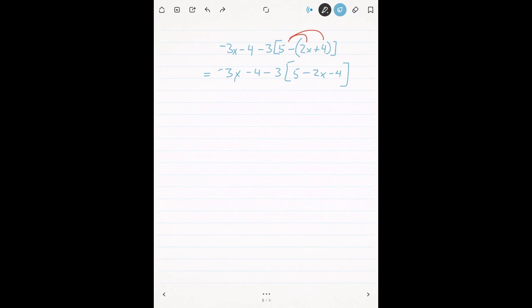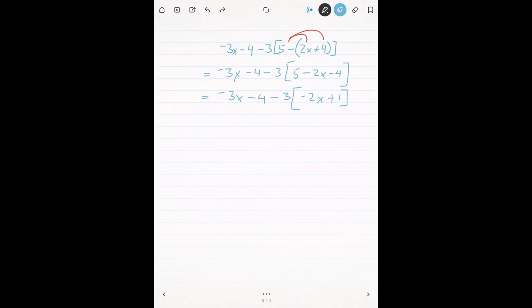It's what I think is really the easiest to do. So we end up with the negative 3x minus 4, and then we're subtracting 3 times. We can combine some like terms in here. The 5 and the negative 4, so we have negative 2x. 5 and negative 4 makes positive 1. So we've simplified whatever was on the inside.